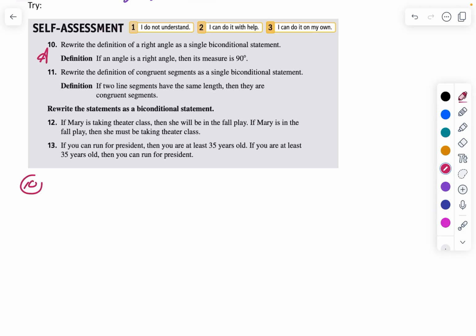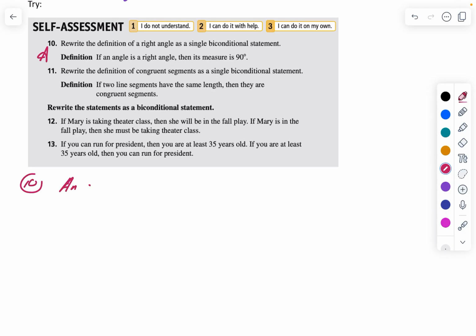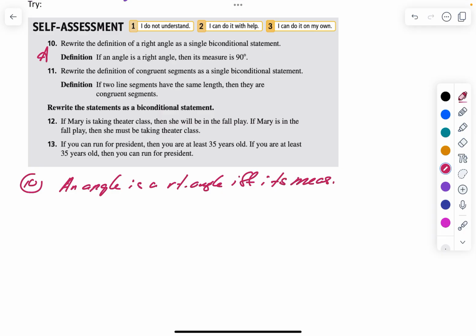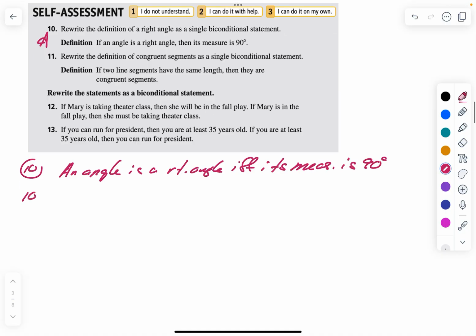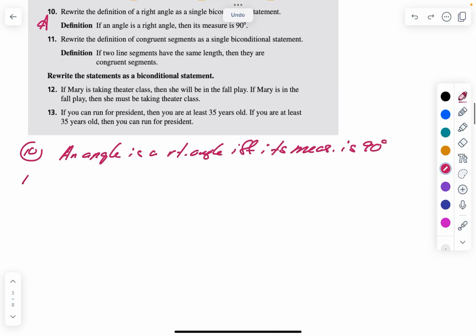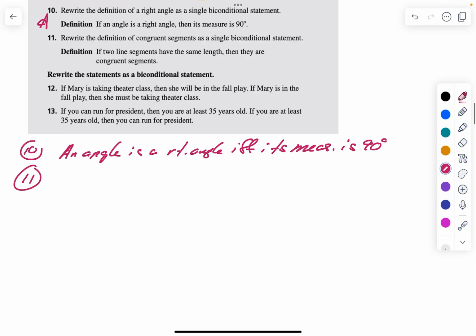And so you would say, and you could pause this and try these on your own and then push play, an angle is a right angle if and only if its measure is 90 degrees. You can see for this assignment, you might be using your keyboard more than your pencil.